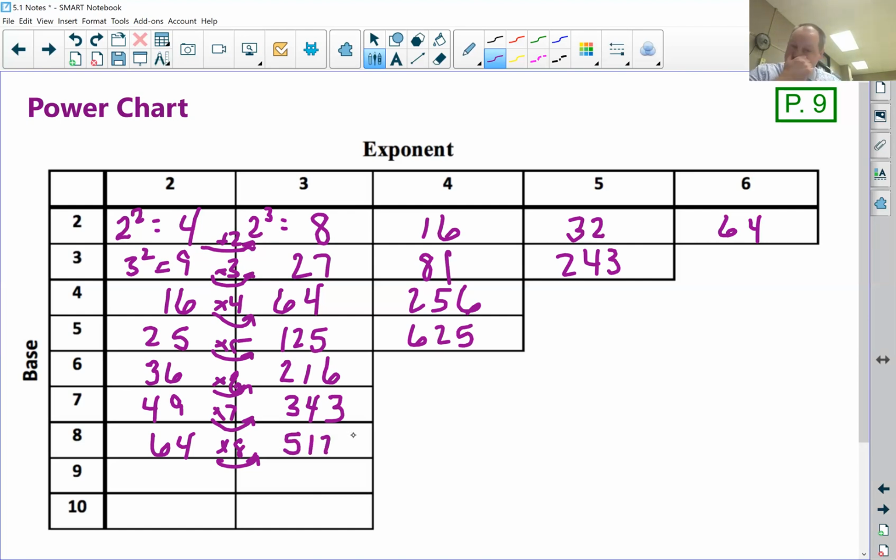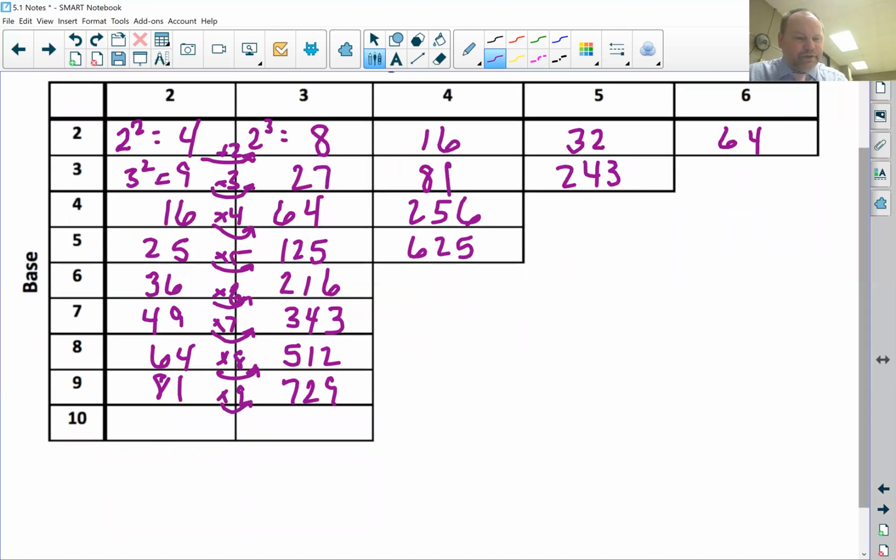If I multiply, 8 cubed would be 512. 9 squared is 81. 9 cubed is 729. And the tens are my favorite because they're pretty easy. 10 squared is 100. 10 cubed is 1,000.